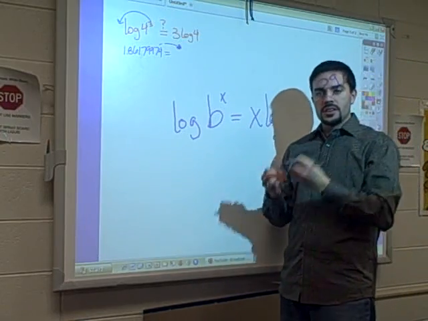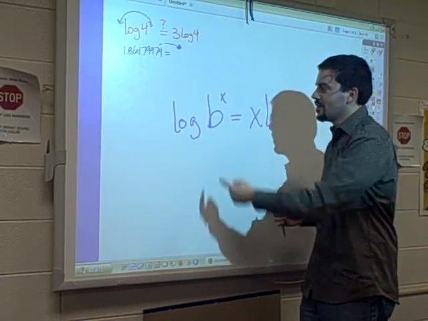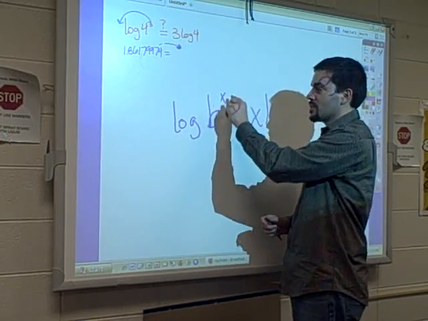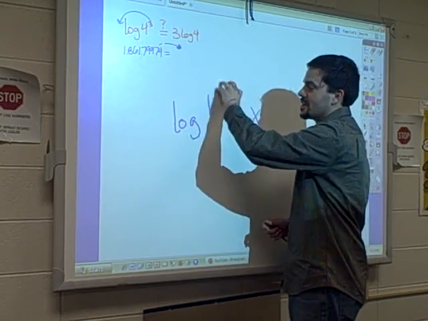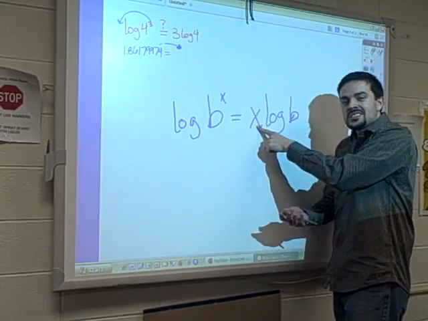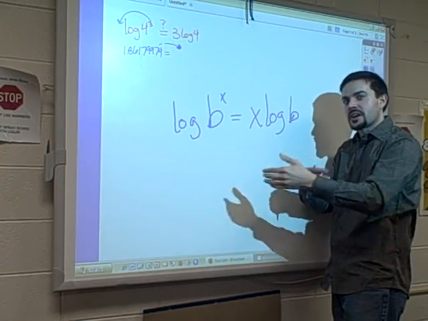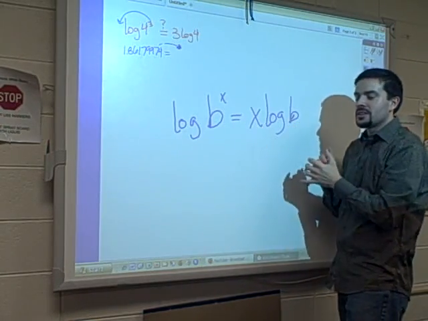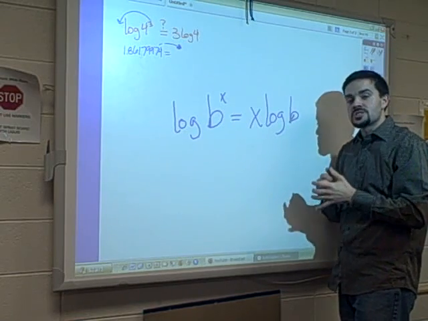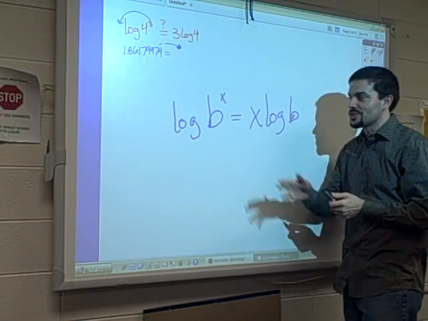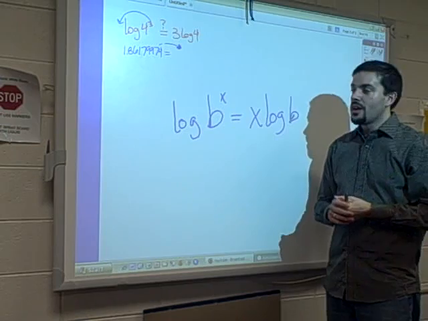Again, log is the undoing of the exponential. X used to be in the exponential's location, and as soon as we log it, it pulls it down front. It doesn't make it disappear like x squared and the square root of x, those will disappear. This one doesn't work that way. However, the log will still undo that exponential position in this equation.